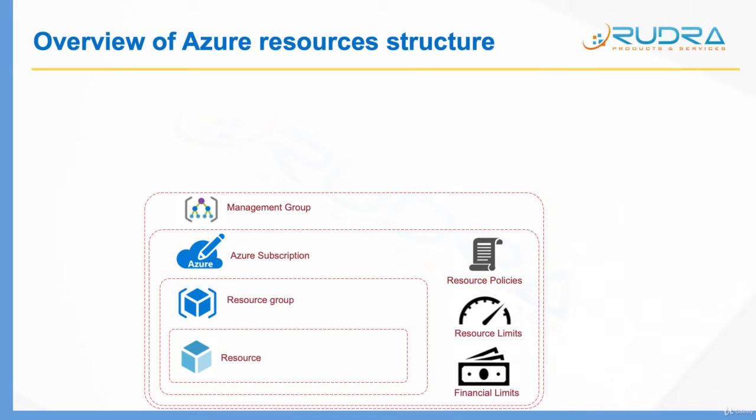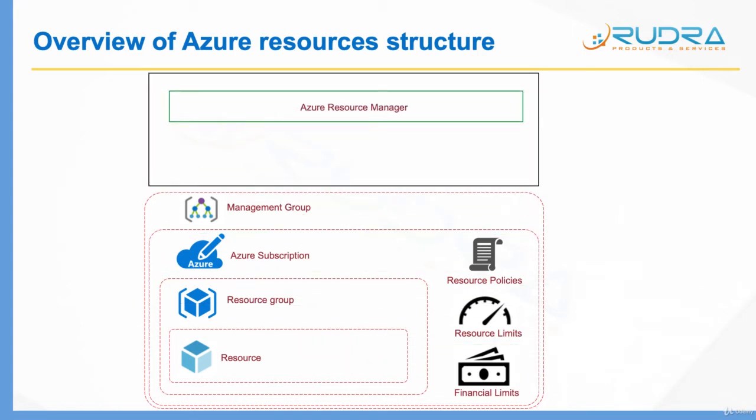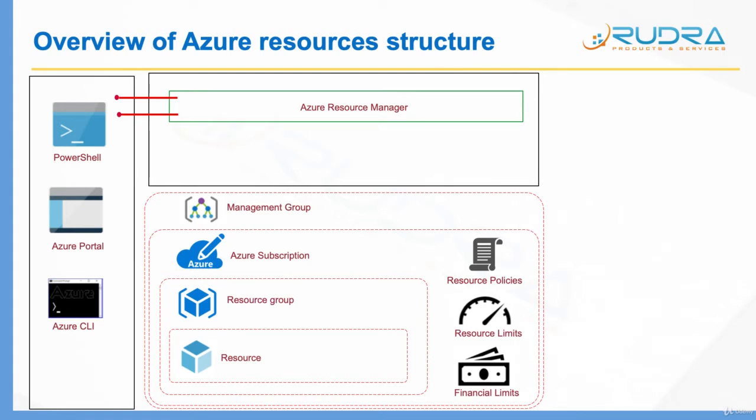Okay. In the previous lecture, I explained a piece of software called the Orchestrator, which contains all the front-end services, such as web services and REST APIs. One of the components of that Orchestrator is Azure Resource Manager, which contains REST APIs that can be called by different tools in Azure, such as PowerShell, Azure Portal, or Azure CLI, in order to deploy resources into subscriptions and resource groups.